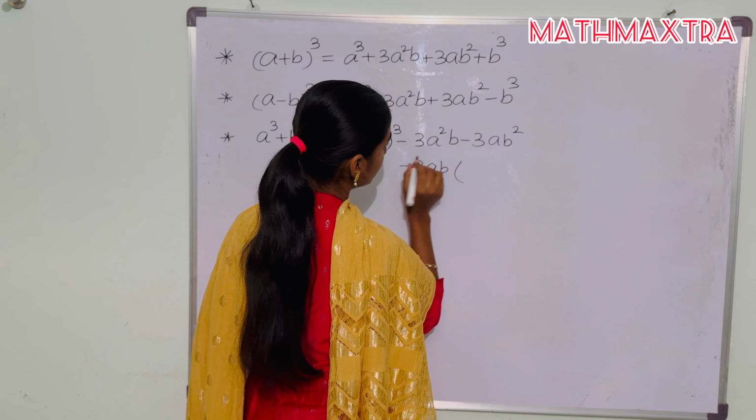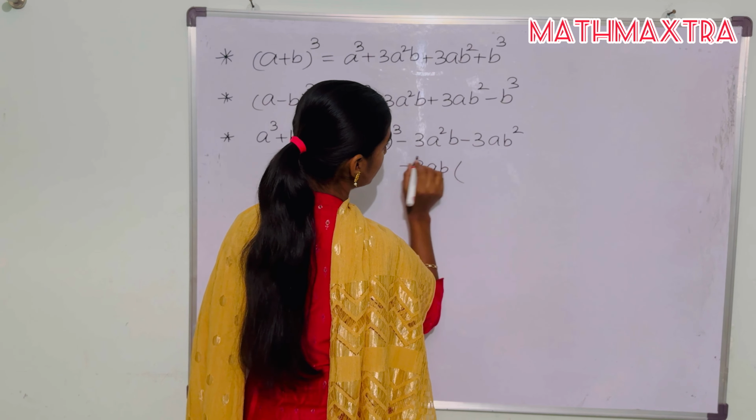Now you take 3ab as a common. What remains? A minus b. So instead of this, you can write this. Which is, now a cube minus b cube is equal to a minus b whole cube plus 3ab into a minus b. See, if you know a minus b value and ab value, you can simply apply a cube minus b cube formula. Then you will get the answer easily.